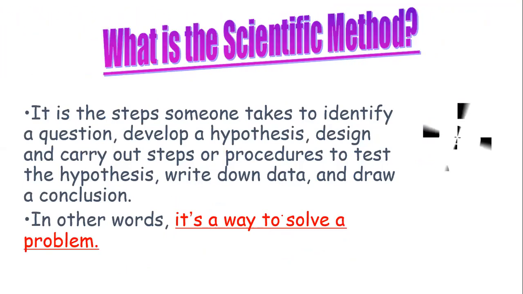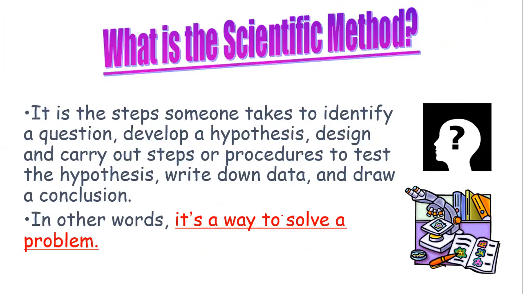Okay, so when we say scientific method, it is a step-by-step, a systematic way of solving problem. So butang mo ding general niya nga meaning, it is a systematic way of solving problem.